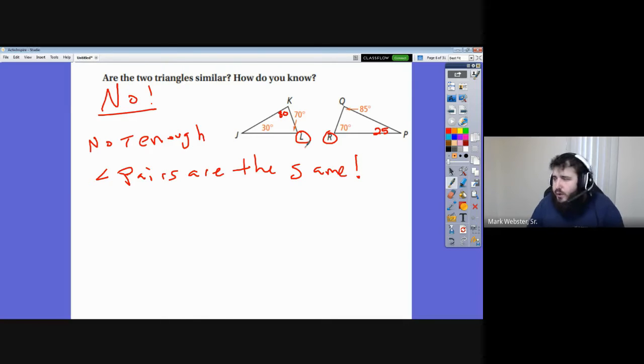You know, however you want to explain that is fine. But here, notice what I had to do. I had to show, hey, look, you match them up, they don't match. Only one pair of angles matches. All right, go ahead and give the next one a try.